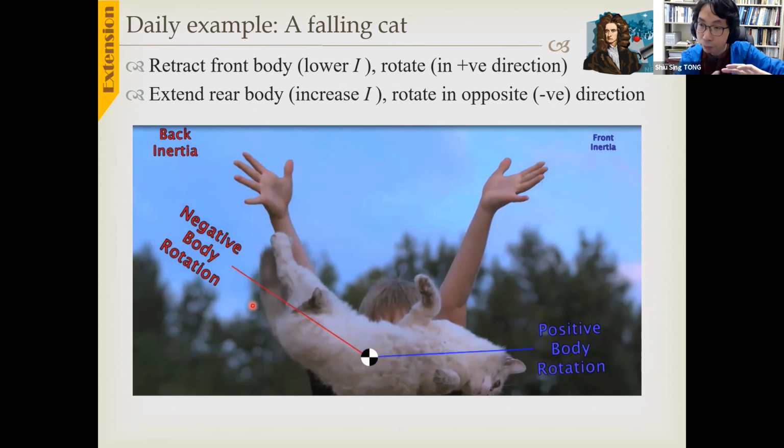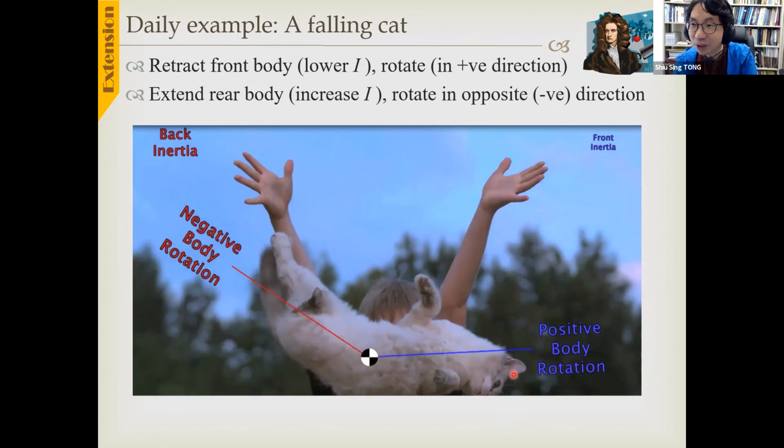And by conservation of angular momentum, his rear part will rotate in the opposite direction. But he actually will extend his rear part, so that makes that turn slower. Okay, so he turned the front part faster, and it makes the rear part rotate in the opposite direction slower.